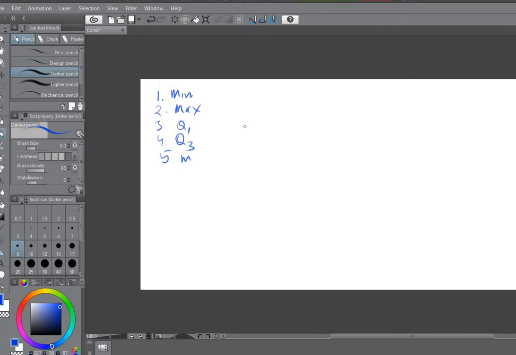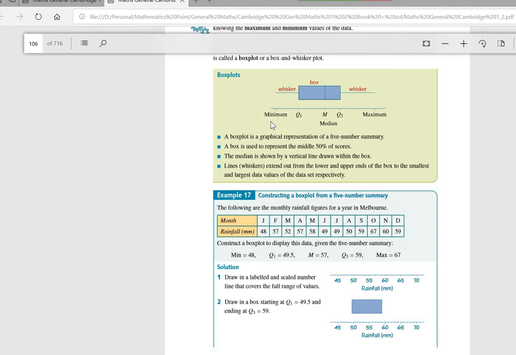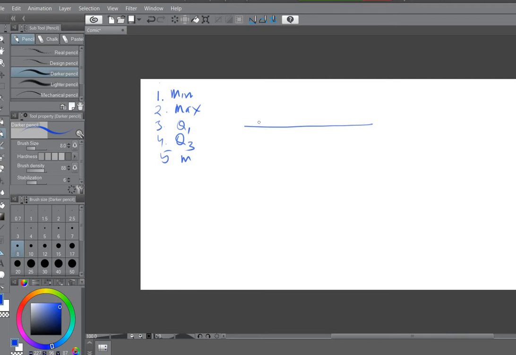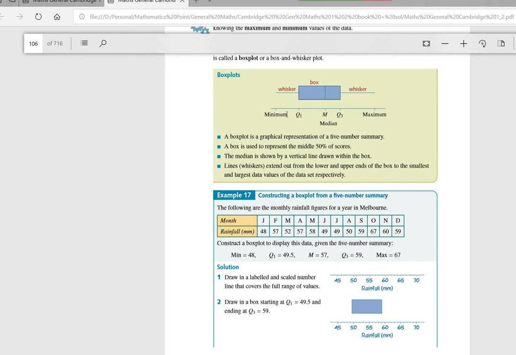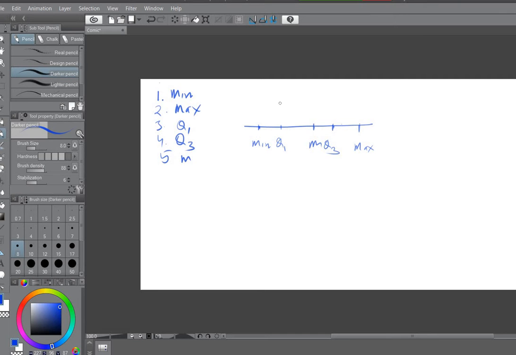How we draw the box plot is that on the number line, we mark a point which is min, we mark a point which is max, we mark Q1, we mark Q3, and we mark the median. The box is actually between Q1 and Q3.